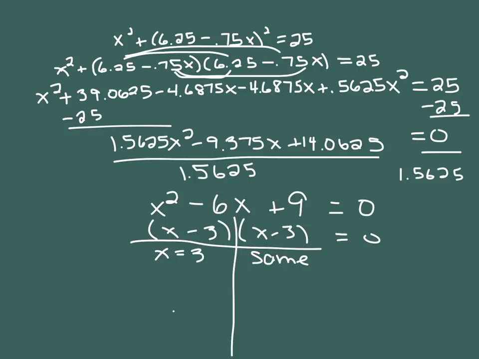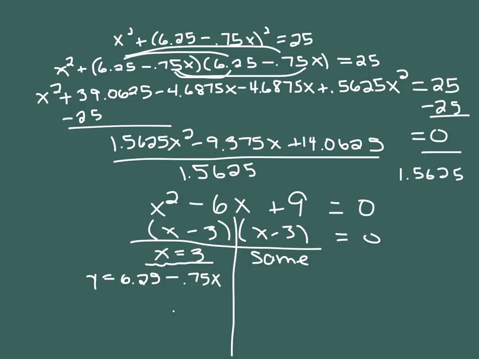Now, if you recall in the very beginning of the problem, we took that first equation and solved for y, and we wound up writing it as y equals 6.25 minus 0.75x. I'm going to use this equation to help me solve for the y value that goes along with an x value of 3.